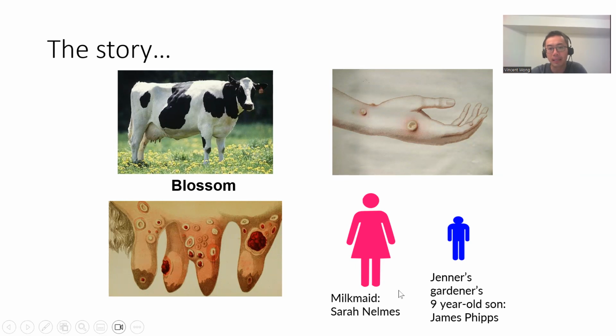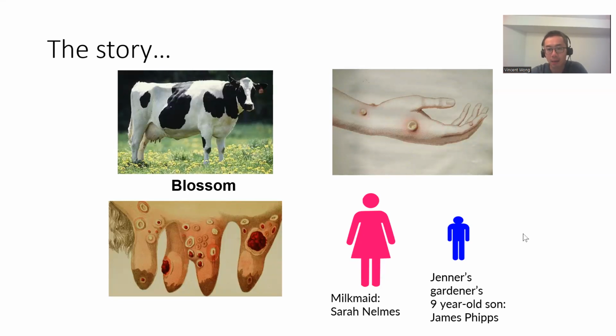There was a milkmaid named Sarah, and Jenner, the doctor, noticed that Sarah recovered from the cowpox, and she seemed not to get smallpox at all. So he had a theory. His theory was that if a person catches cowpox and recovers from it, they will gain immunity to smallpox.